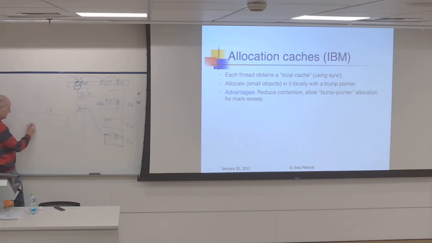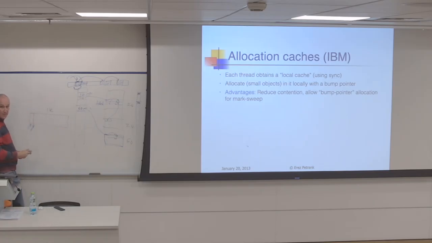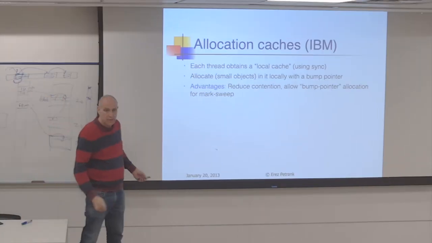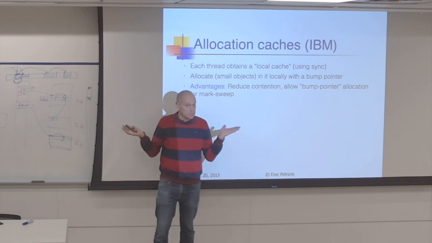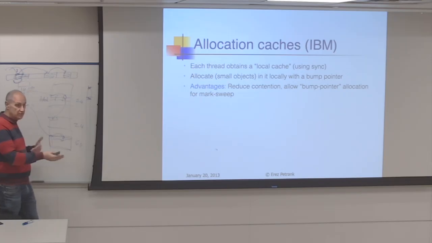You start allocating, you have this pointer that you bump, and each time you need to allocate space, you take it from your own local cache that no one touches. You took it from the free list space, and you allocate in it all the small objects that you want locally with no contention. No one else is touching that cache. It's yours, and until you finish it, you work in it very fast and very local.